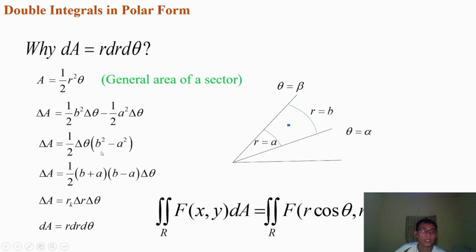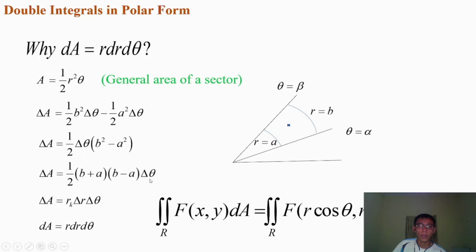So we just factor out 1/2 theta, then we get b squared minus a squared, and b squared minus a squared is equal to b plus a multiplied by b minus a. So what I want you to know here is, what is b plus a over 2? When you take b plus a over 2, you get the arc whose radius is between a and b, right?